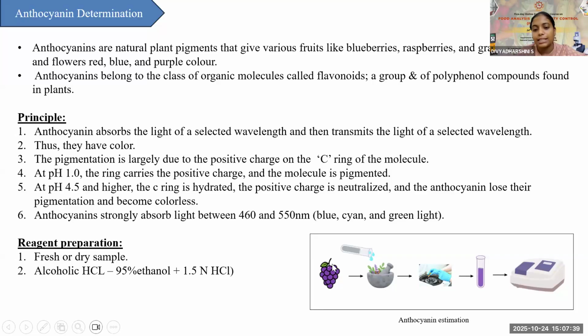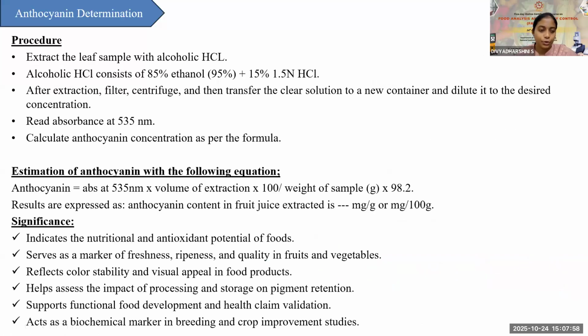In this image we can see the grapes, and extraction using a mortar and pestle, then centrifugation if there is any pellet. If we are taking a clear liquid, there is no need for centrifugation. Then absorbance is read in the UV. For the procedure, I have taken leaf samples, or any other samples we can take, and we extract with alcoholic HCl.